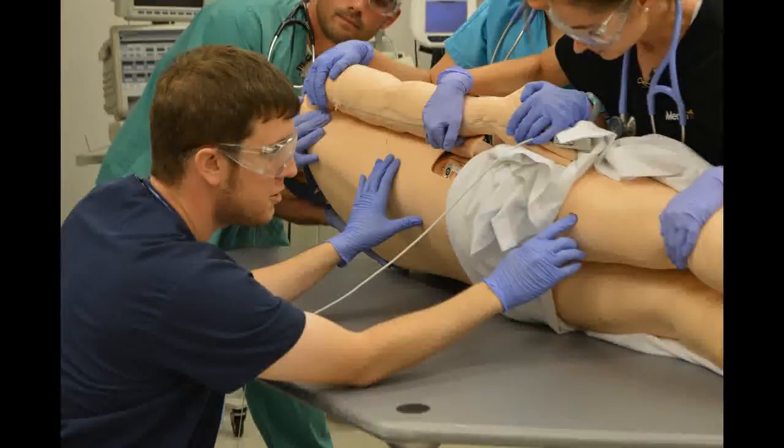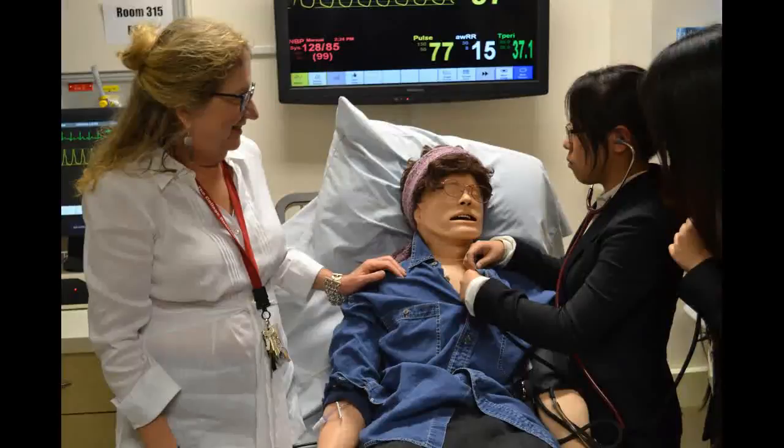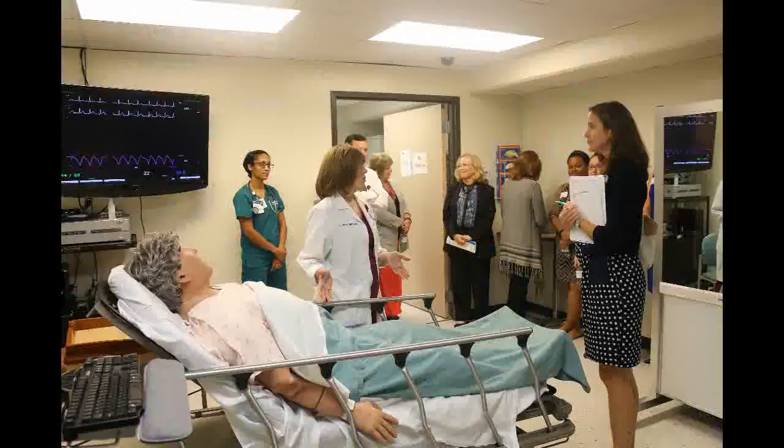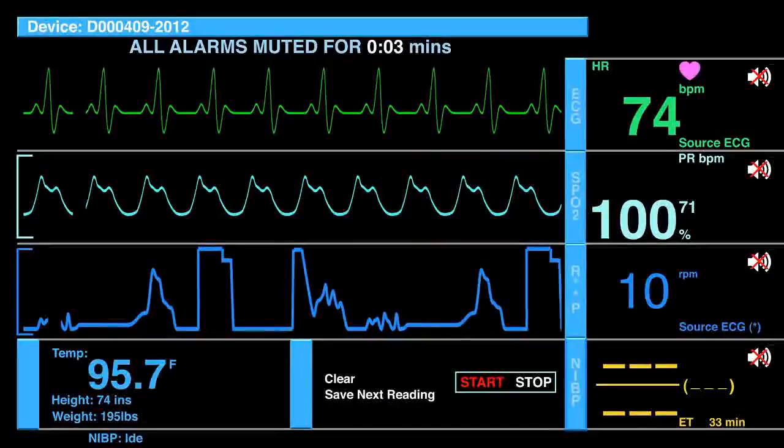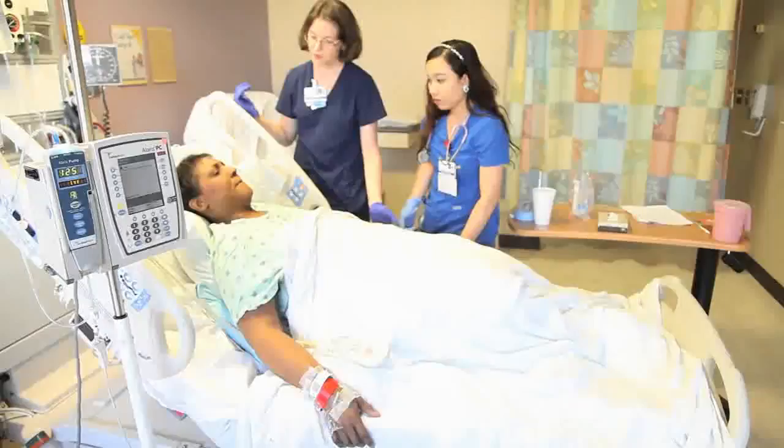The student can also feel for pulses on the mannequin and see respirations and pupil responses. ECG, blood pressure, hemodynamics, pulse oximetry, and temperature are usually attached to the patient and are seen on a monitor, just as they would be attached in a hospital room.